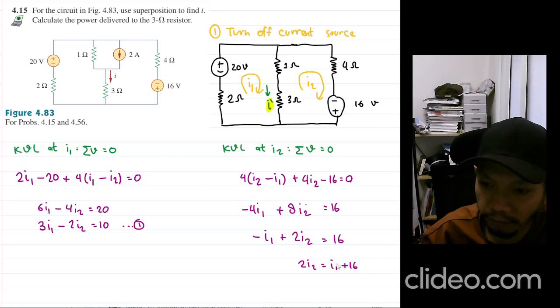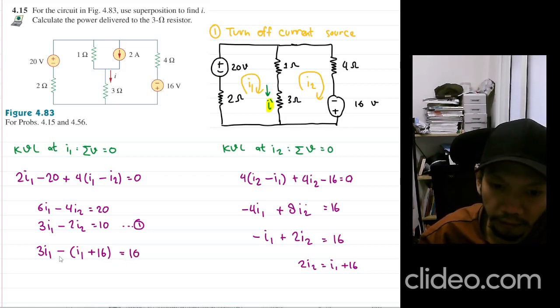We can substitute this into the first equation. So I have 3I1 minus 2I2, where 2I2 is I1 plus 16, equal to 10. From here, I will have 2I1 minus 16 is equal to 10, or 2I1 is equal to 26.